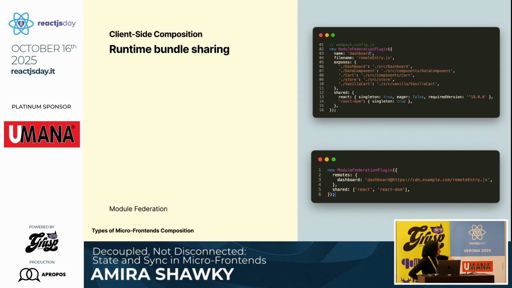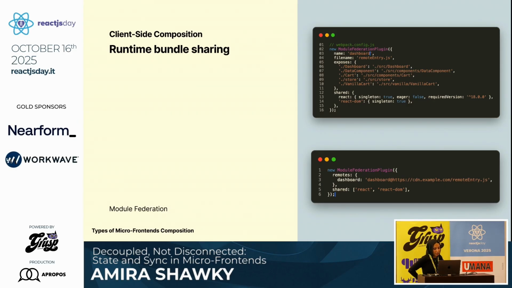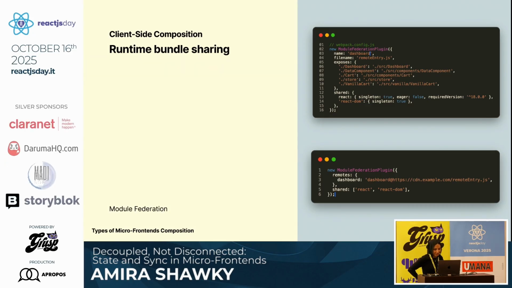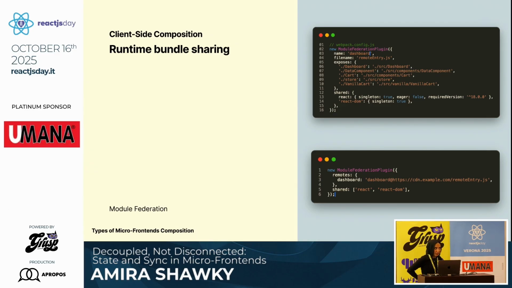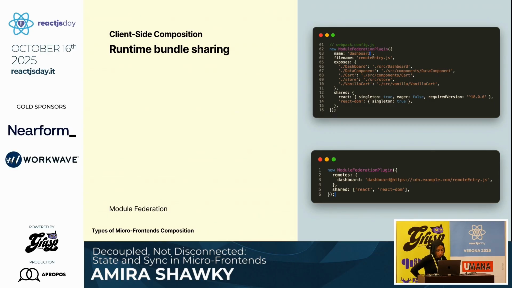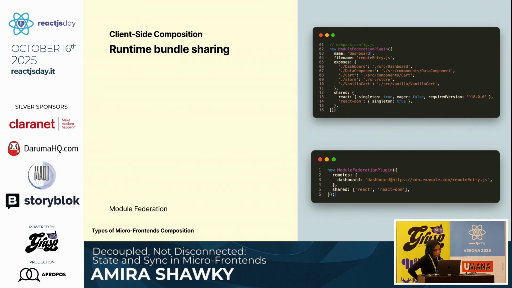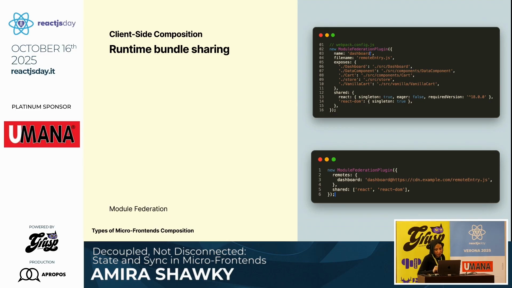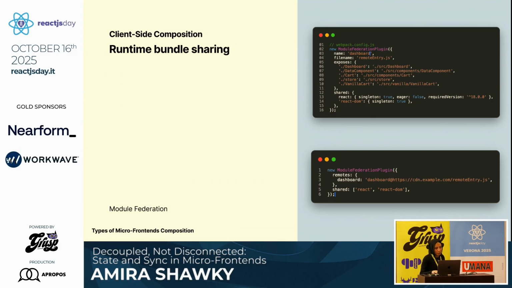And for the second line, we have a required version. It's mainly for avoiding version mismatches, which happen a lot. We also have eager as false to load them lazily only when they're needed. Notice here that we can expose a store like Zustand, cart information, or even vanilla JavaScript components. And that's it. Just by exposing them, other micro frontends or container applications can use these remotes.